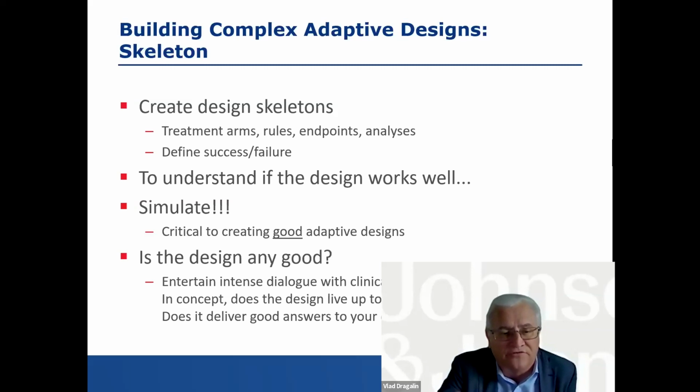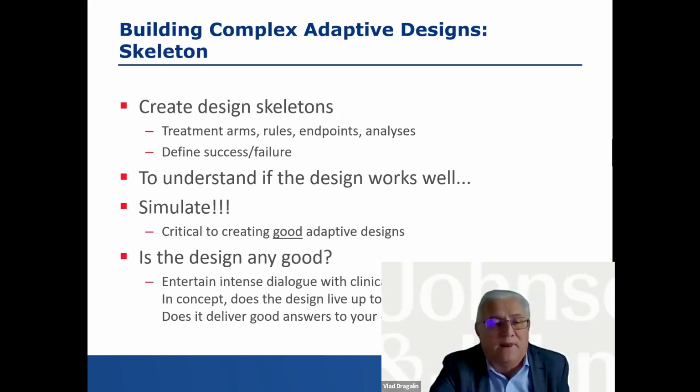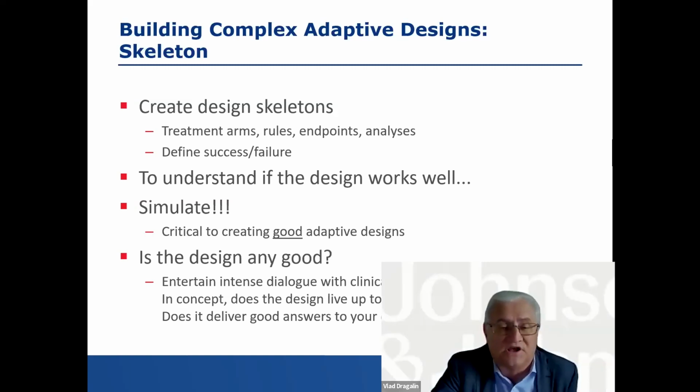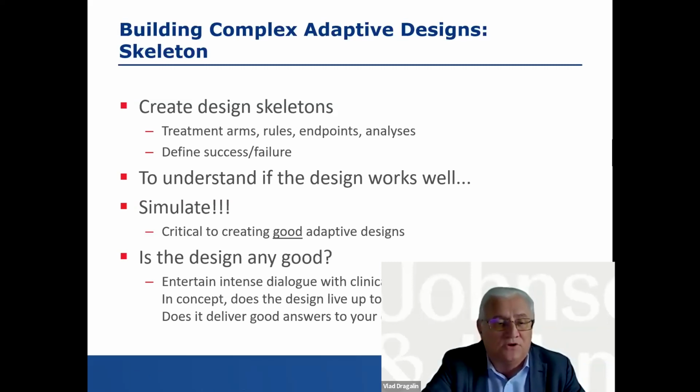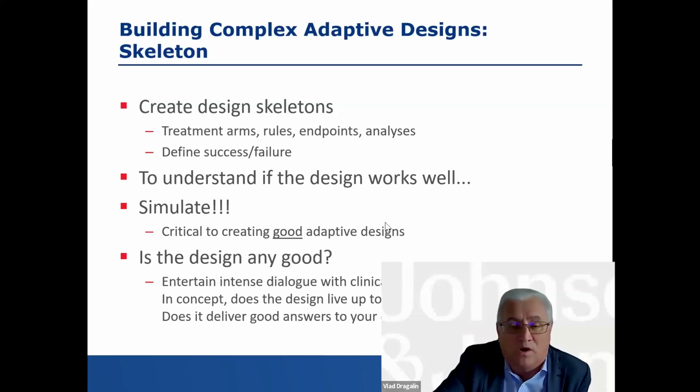Sometimes that type of walking through a single trial implementation is very helpful, because although at the planning stage they gave you some ideas about assumptions, and you as a designer came up with a design, probably you missed some extremes, or something where the performance of that design will go in the opposite direction. Having that check from your partners in the clinical team is very important. So again, simulation-guided, but not only to look at the operating characteristics, but also to look at the outcome, the potential behavior of the design in a single trial.